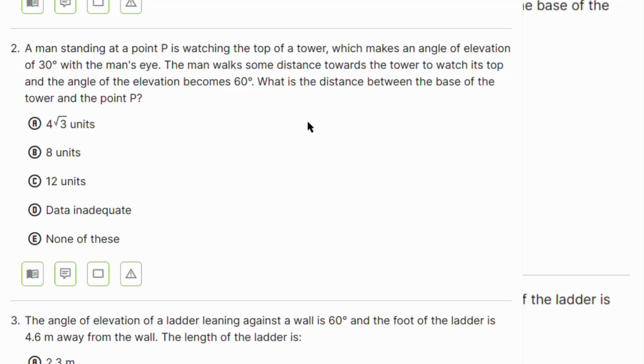So let us take this as a tower and a man standing at a point P. Here we take point P, which makes an angle of elevation of 30 degrees.